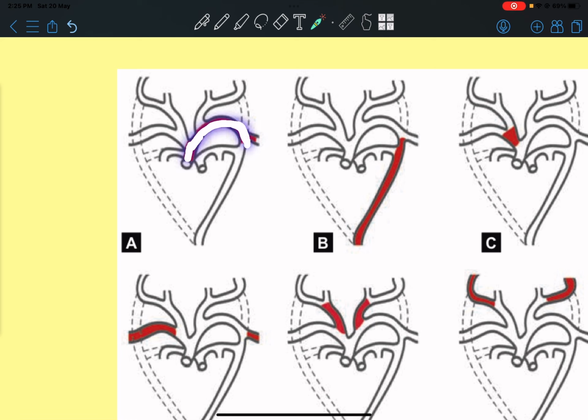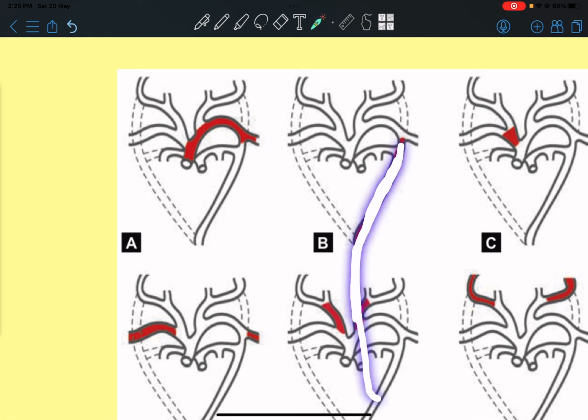All of this is forming the aortic arch. The left descending aorta and the fused dorsal aorta together form the descending aorta. So this is first the descending aorta. Later it can form the abdominal aorta, which divides into common iliac arteries and the whole stuff.